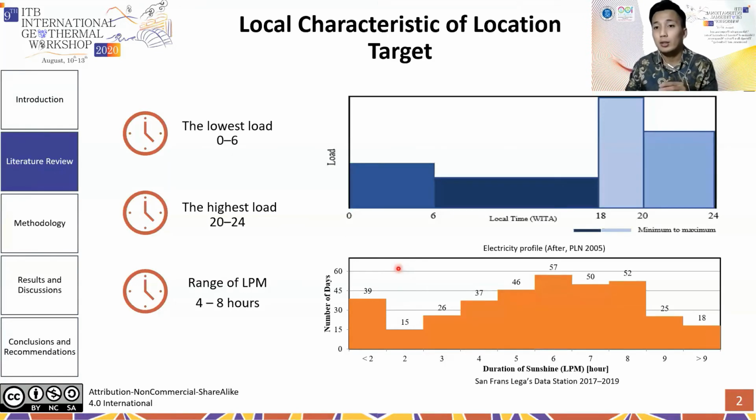This is the local characteristic of the target location. This figure, the electricity profile, shows the lowest load is around 0 to 6, and the highest load is around 20 to 24. In terms of duration of sunshine, the probability in Ulumbu is around 4 to 8 hours.